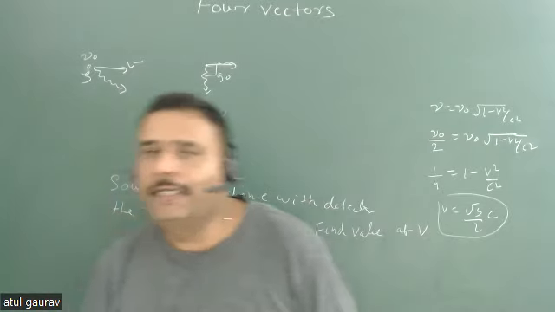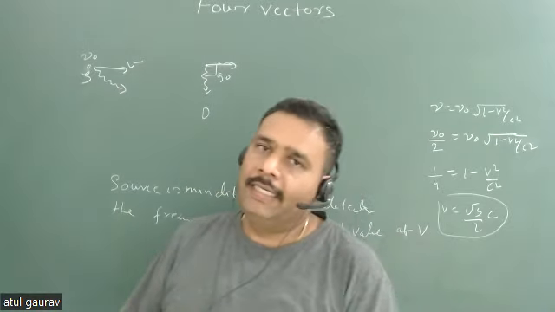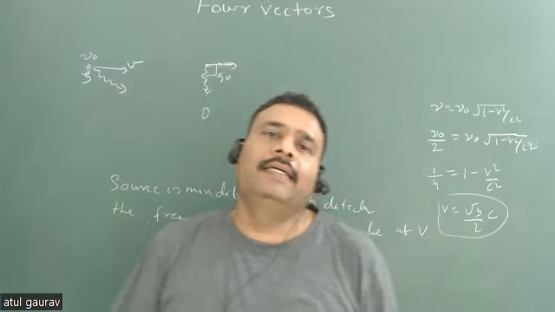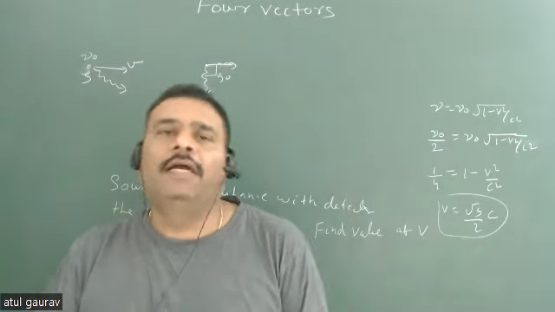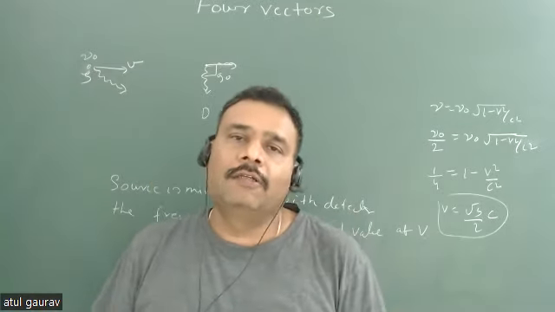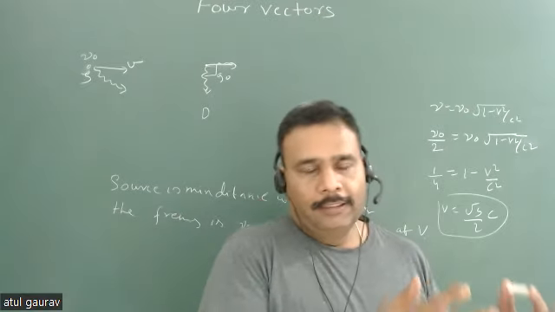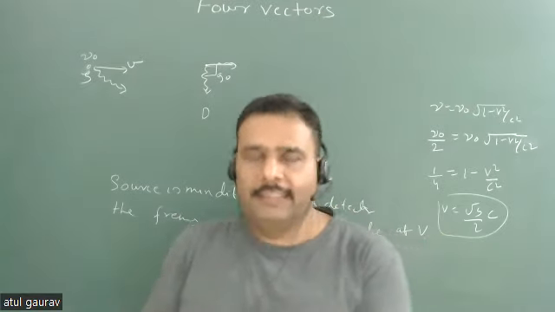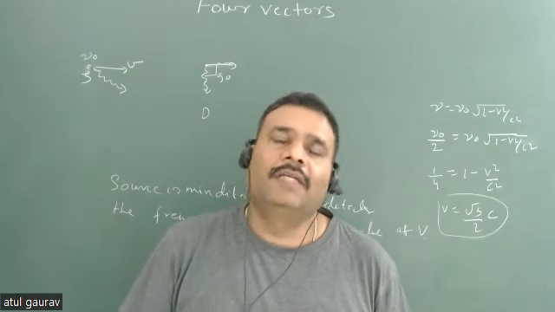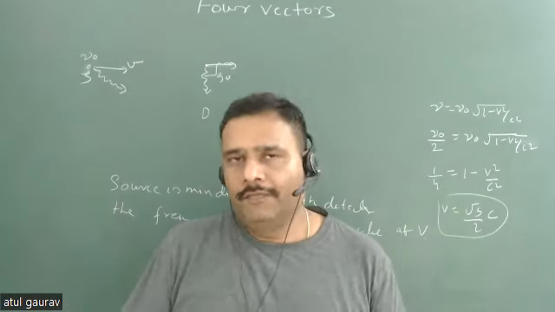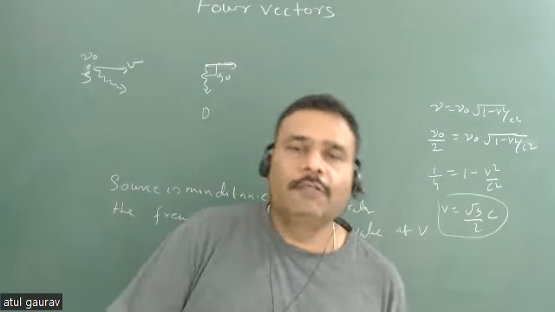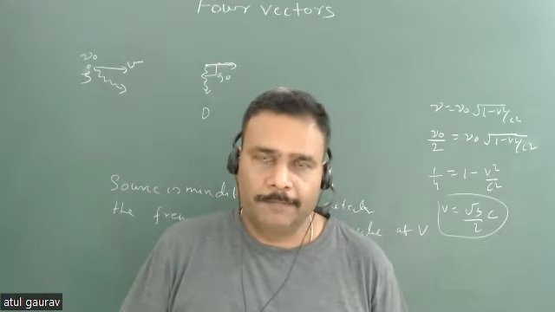So we will try to see that it is not only position and time that have Lorentz transformation. It is not only momentum and energy that have Lorentz transformation, but there are n number of different physical quantities which also have Lorentz transformation.